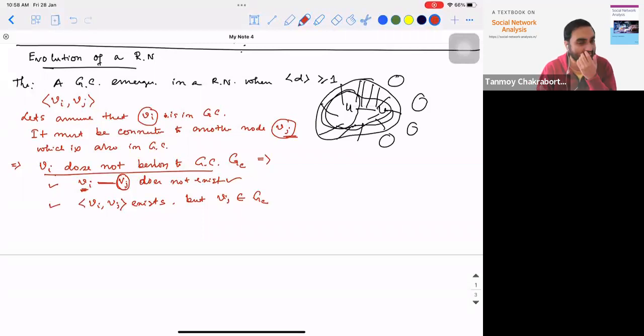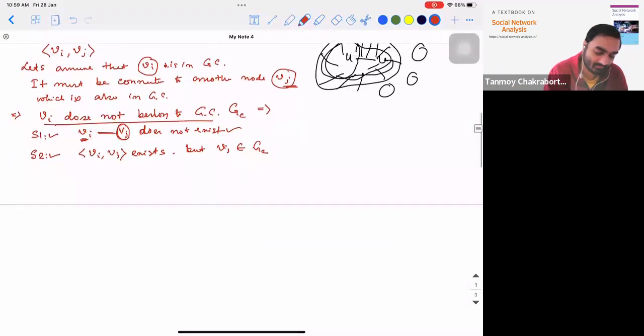One possible case is that the edge Vi Vj doesn't exist, because if this exists, then by default Vi would be a part of the giant component. Or if this edge exists, that means the other node Vj is not a part of the giant component. Let's say this is S1 and this is S2. We will measure the probability of S1 and S2 separately.